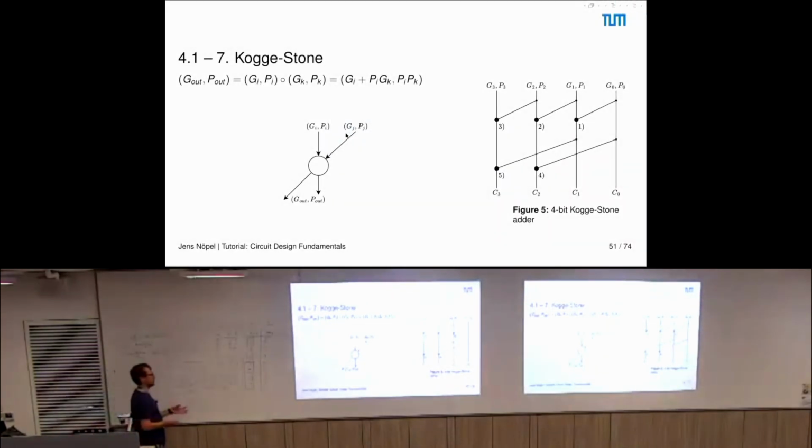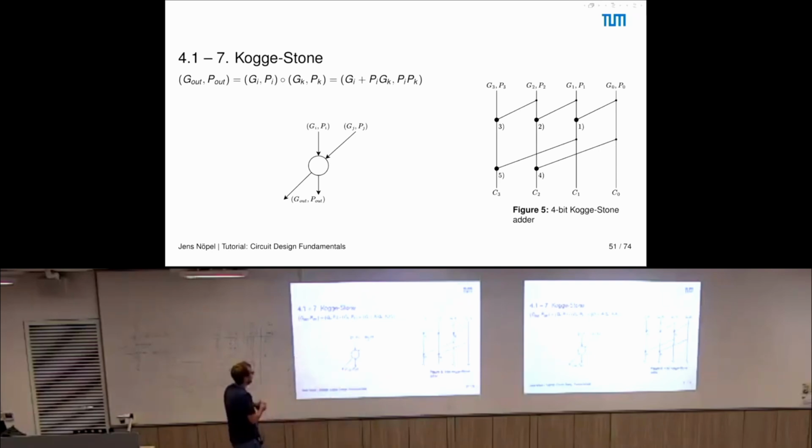So what should we remember? Let's have a look again at the processing element. This is our G_i, P_i, and G_j, P_j, and we process those together to get G out and P out. G out and P out can be forwarded to multiple other processing elements. That is why we have multiple arrows here.